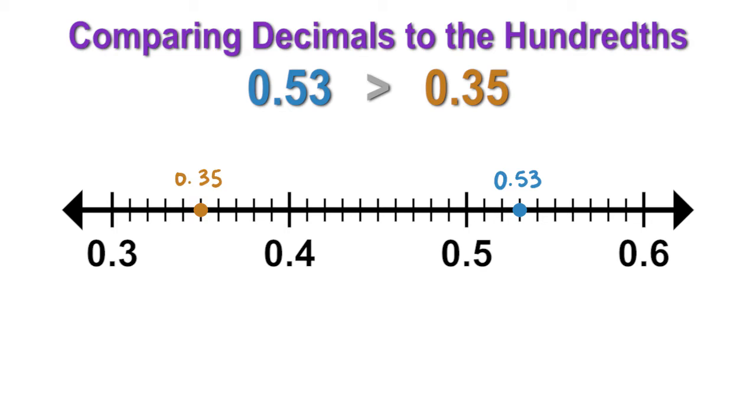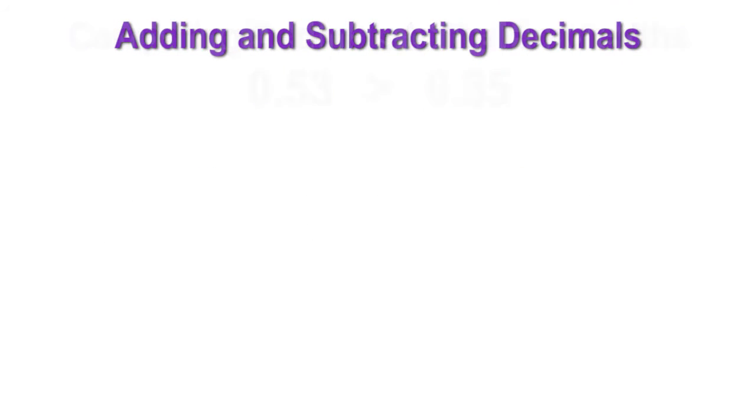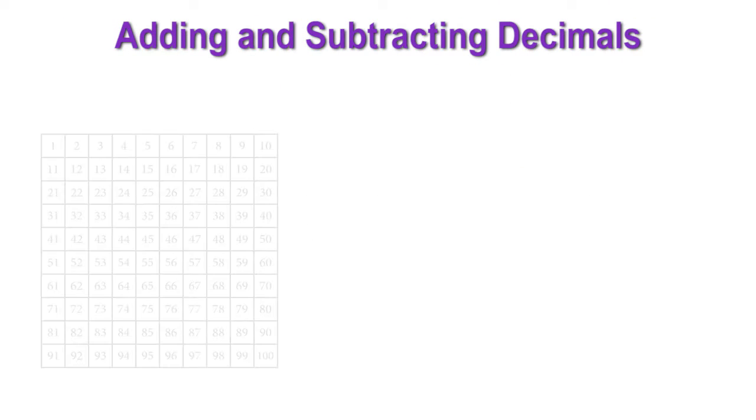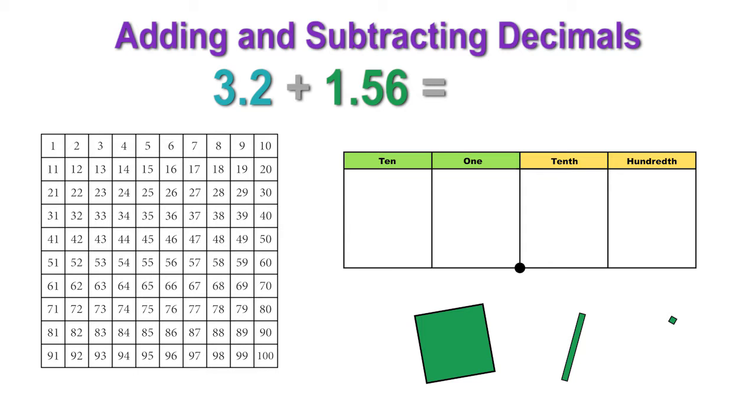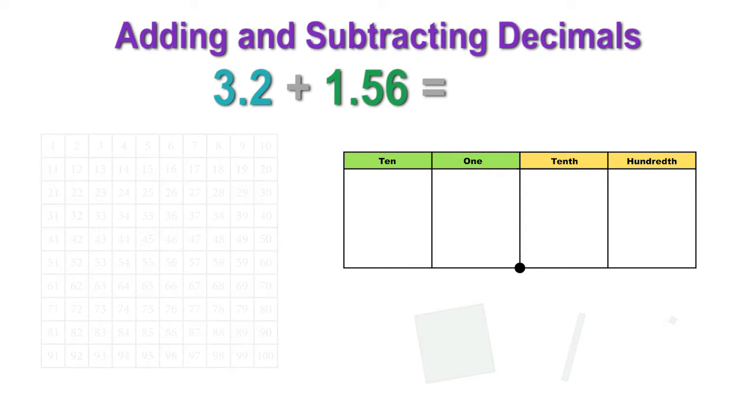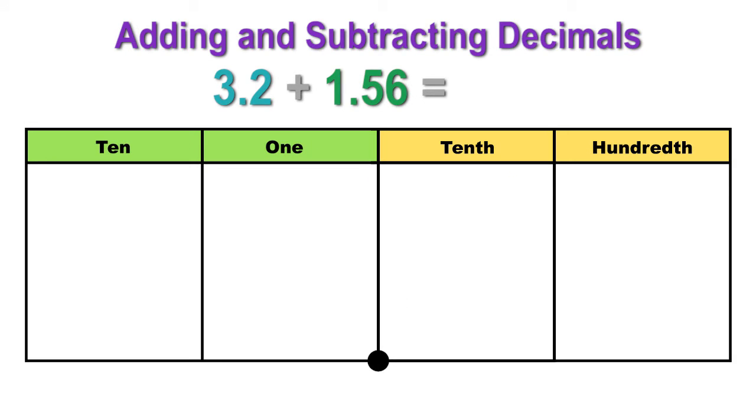Students will learn to add and subtract decimals to the hundredths using hundredths grids, place value charts, and place value blocks. Let's solve 3 2/10 plus 1 56 hundredths using a place value chart and place value blocks. Let's start by modeling the first add-in of 3 2/10.